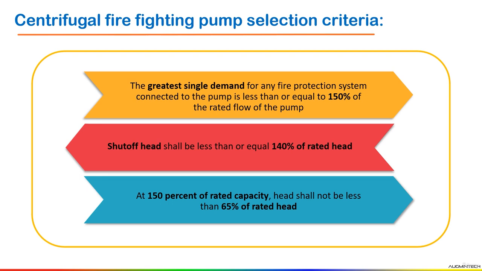One more point, remember that the selection and application of the fire pump should not be confused with pump operating condition. With proper suction condition, the pump can operate at any point on its characteristic curve from shutoff to 150% of its rated capacity. So this is all about the selection criteria of centrifugal firefighting pump.